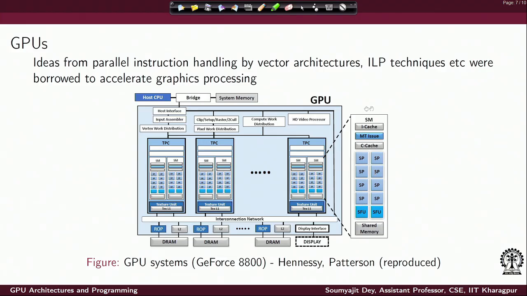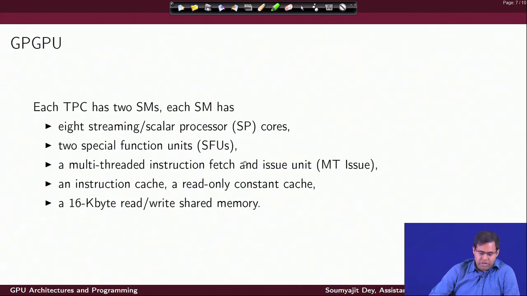As we have discussed, each SM has 8 scalar processors and also 2 special function units, or SFUs. This multi-threaded instruction fetch and issue unit issues the instructions that are going to be executed by the scalar cores, and also, as we have seen in that picture, we have a 16 KB read write shared memory as part of each streaming multiprocessor.